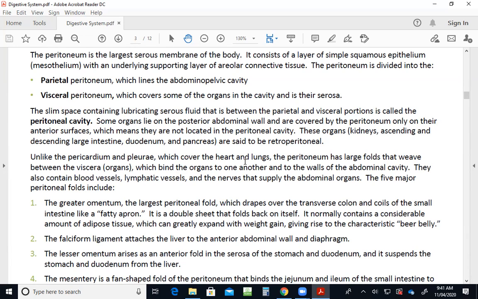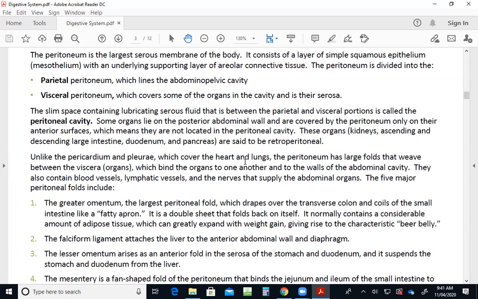Most organs of the abdominopelvic cavity lie within this cavity. Some lie behind the cavity, covered by the peritoneum only on their anterior surfaces, which means they're actually not located within the peritoneal cavity.